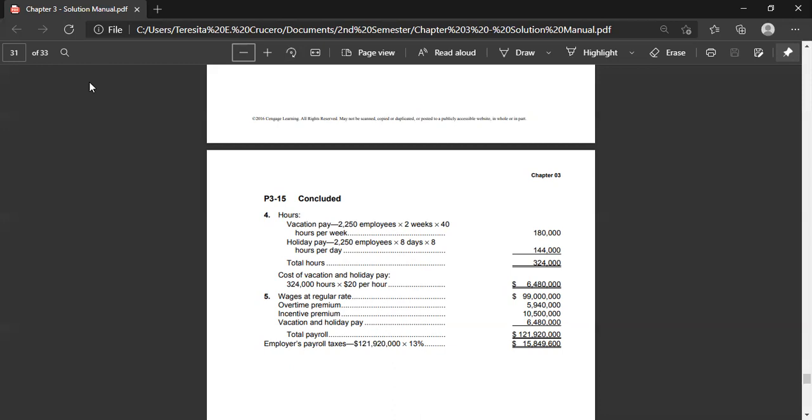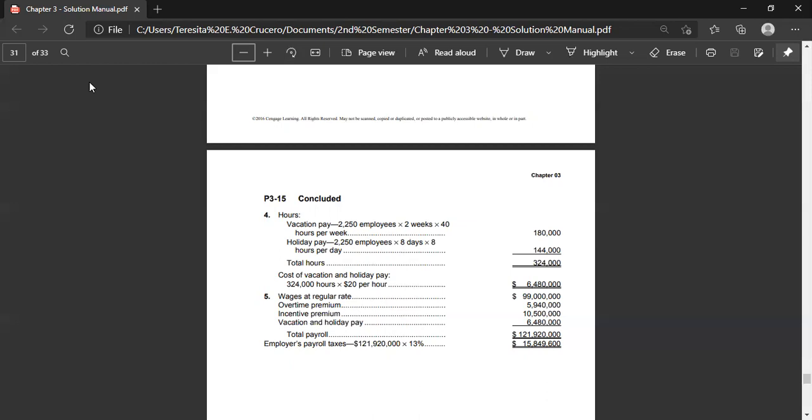Then last requirement, employer payroll taxes based on all employee compensation over the contract term. 13% of total wages, assuming that no employee has exceeded the wage basis for FICA and the unemployment insurance taxes.